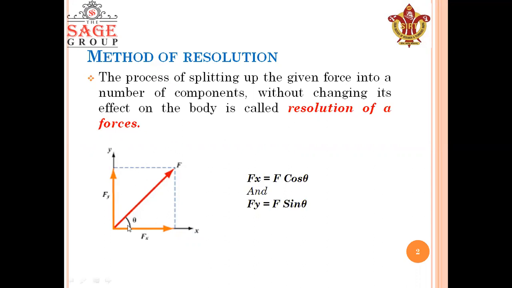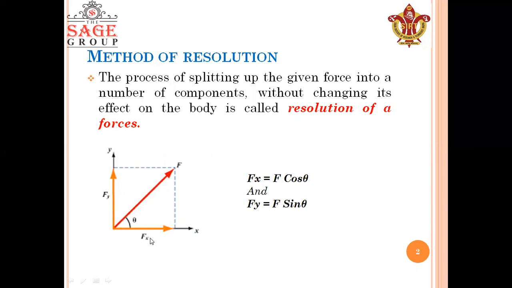Here you can see that force F, which makes an angle theta from the horizontal, will be resolved in the horizontal and vertical directions. So there are two components, Fx and Fy.